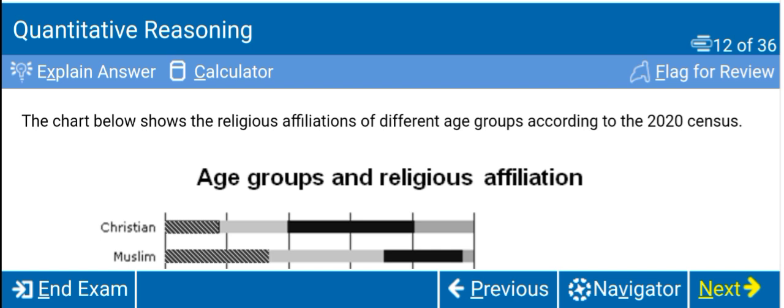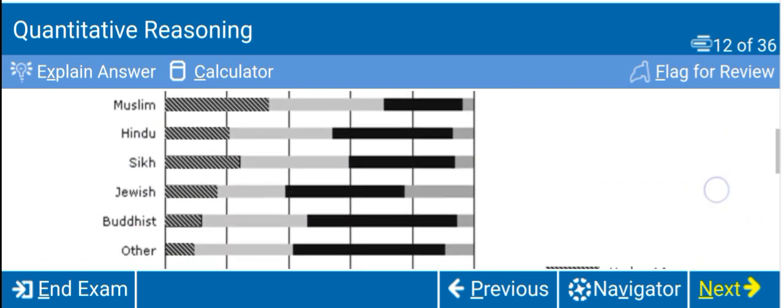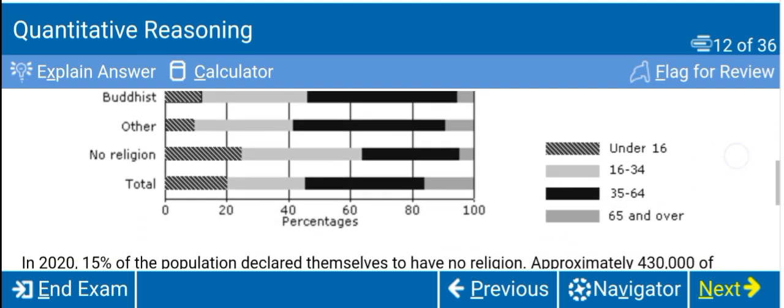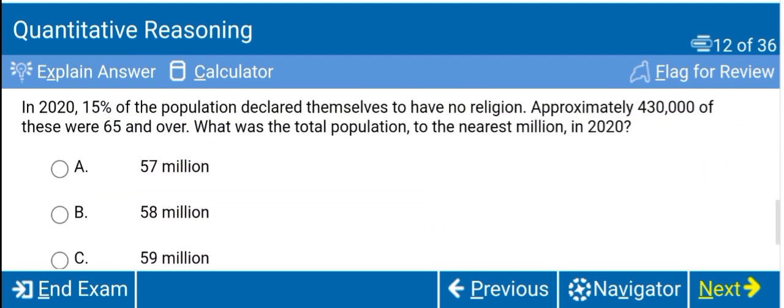Next we have the same statement with the same chart. The question is, in 2020, 15% of the population declared themselves to have no religion. Approximately 430,000 of these were 65 and over.